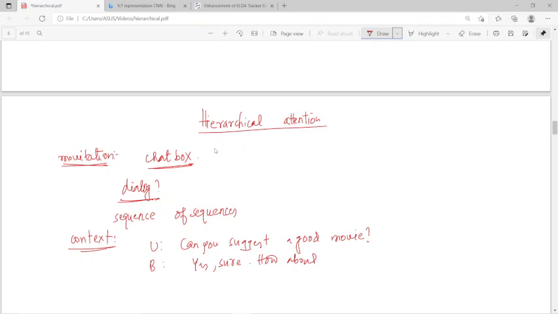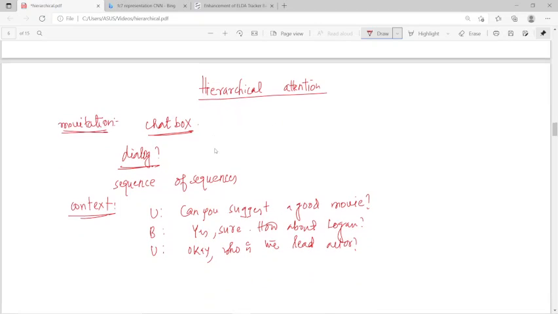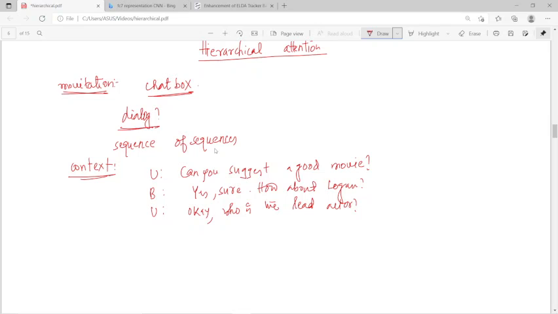And then you will answer that okay, who is the lead actor? If from this particular chat box we want to find the response, that will give Hugh Jackman, right?